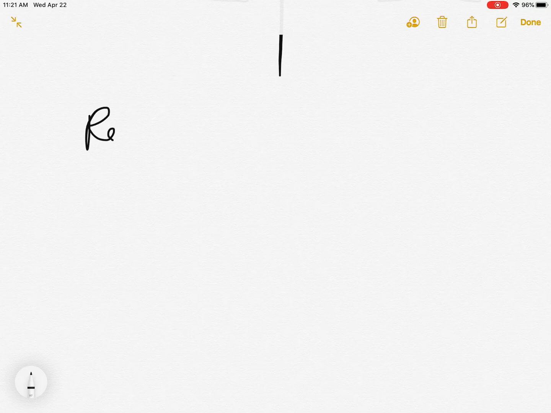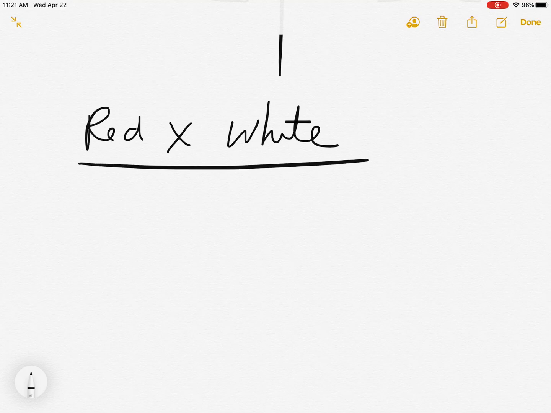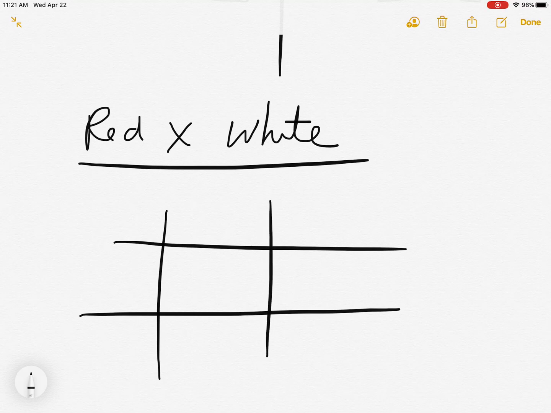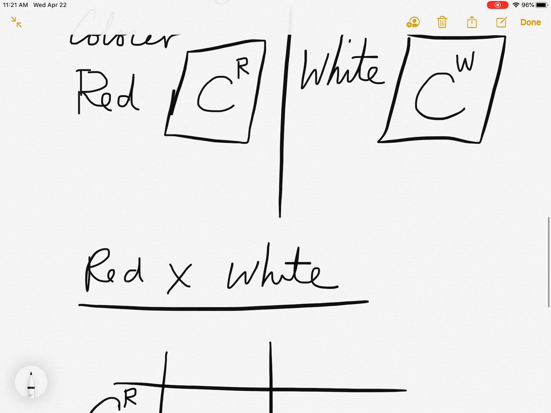So here's what happens when you do a cross with what we call incomplete dominant alleles. If we take a red snapdragon and we cross it with a white snapdragon, here's what we get. Let's do the Punnett square. A red has CR alleles only, right?